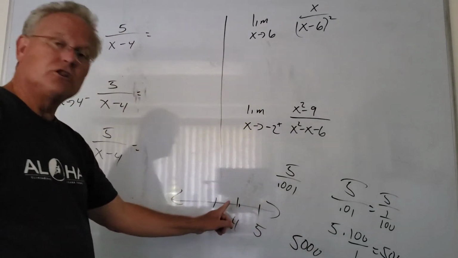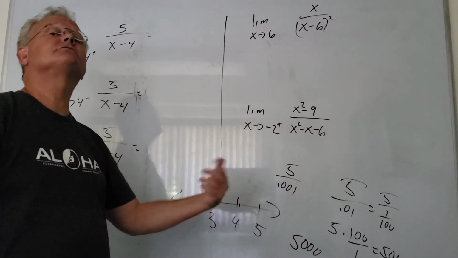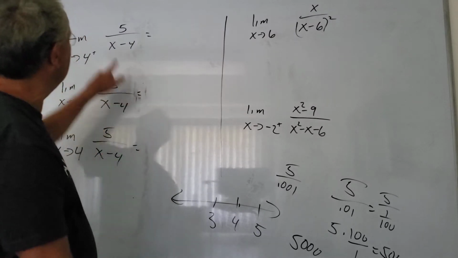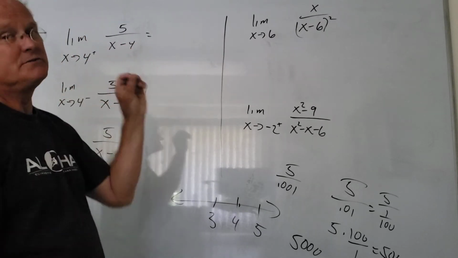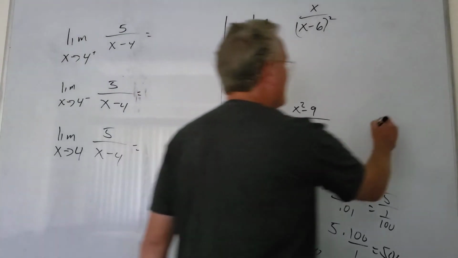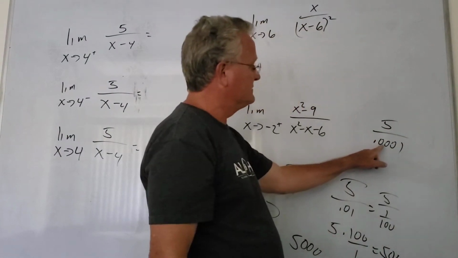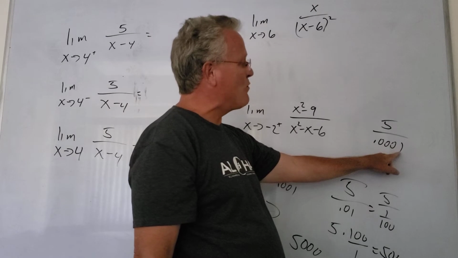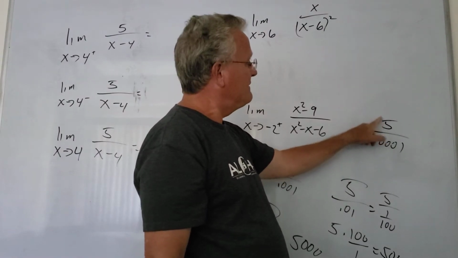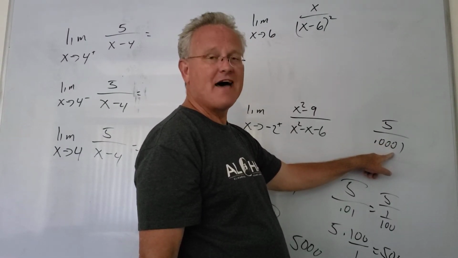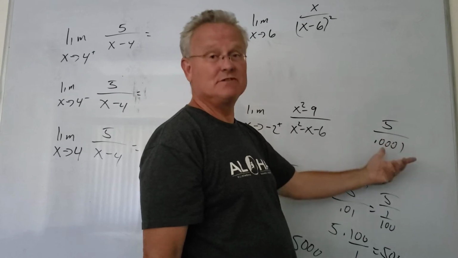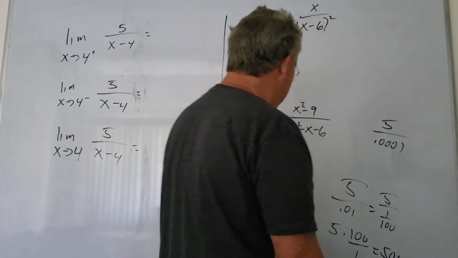Now let's get even closer, 4.00001 minus 4 is 0.00001, this is 1/100,000th. 5 divided by that is 5 times 100,000, which is 500,000.